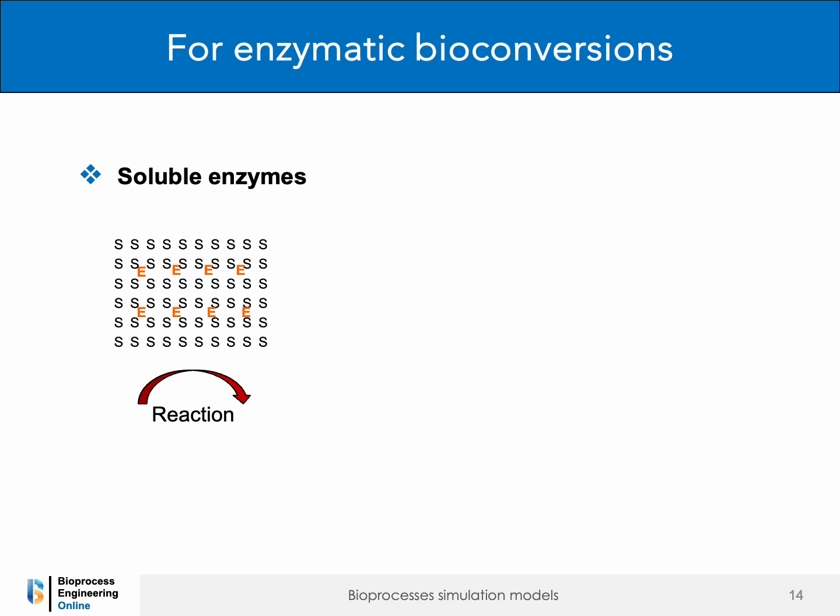Let's delve into a more detailed examination of the influencing phenomena that must be considered in the context of an enzymatic bioconversion reactor. In the case of a bioconversion carried out with soluble enzymes, the progression of the bioconversion is exclusively governed by the enzymatic bioconversion reaction and the enzyme denaturation process.